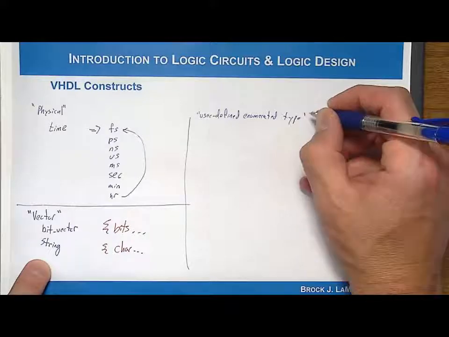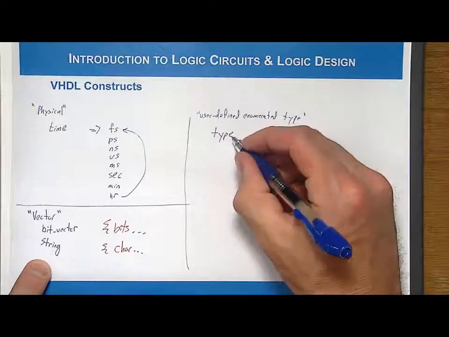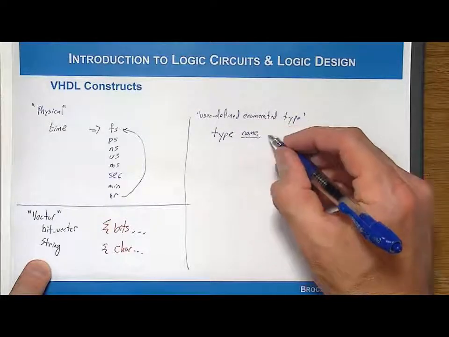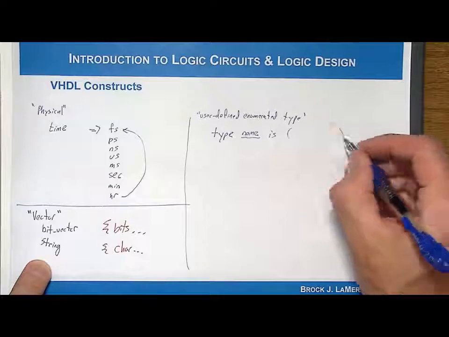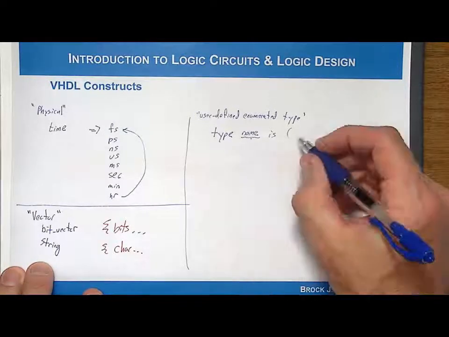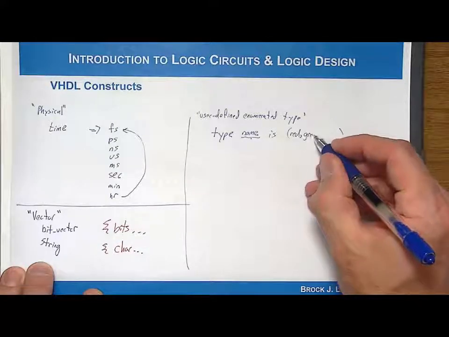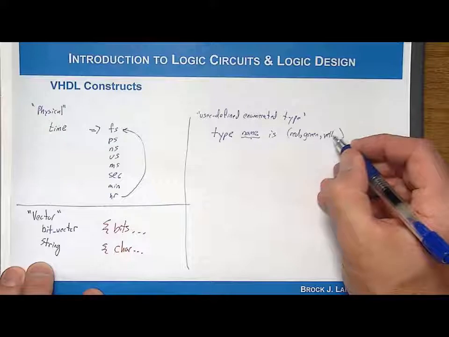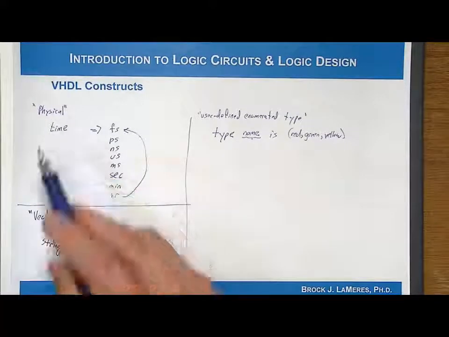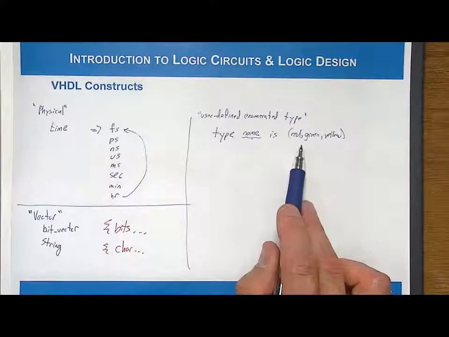So this is where you can come in here and you use the keyword type, and then you give it a name, and you say is, and then you list the values that you want. So you could create a type that's called stoplight, and then you could say it can only take on the values red, green, or yellow. So you could define a port or a signal of the type stoplight, and it could then be assigned values red, green, and yellow.